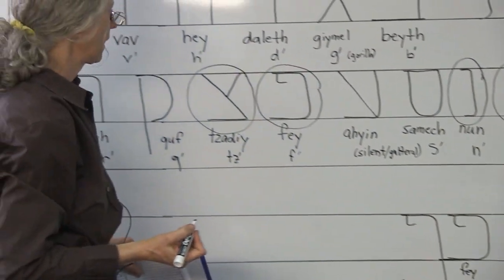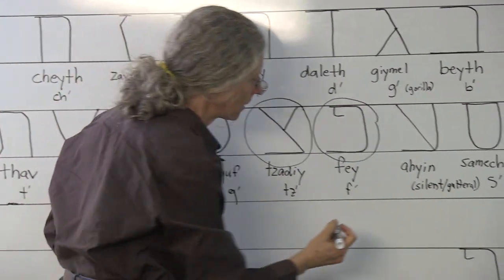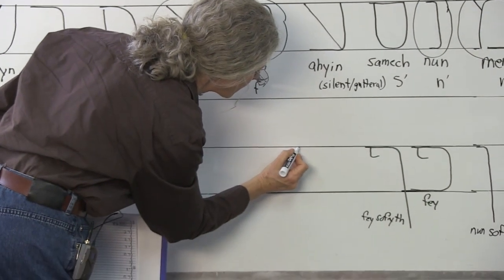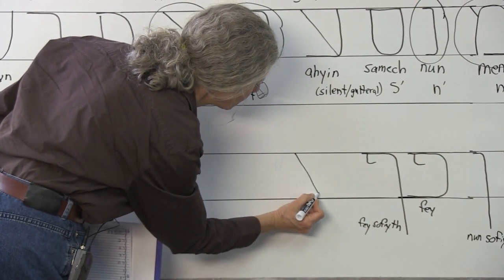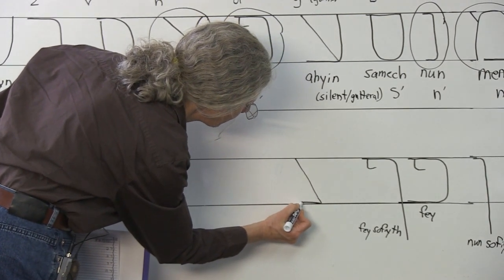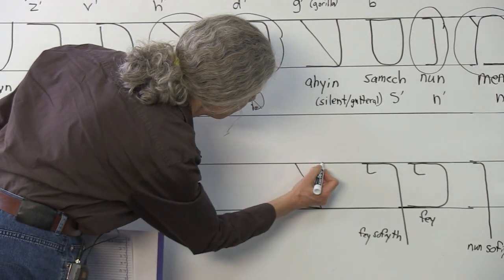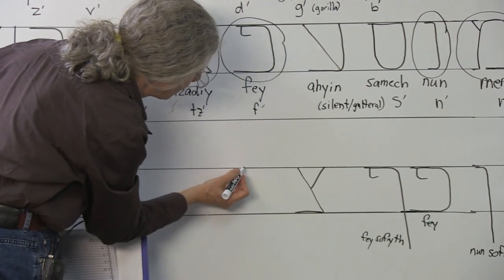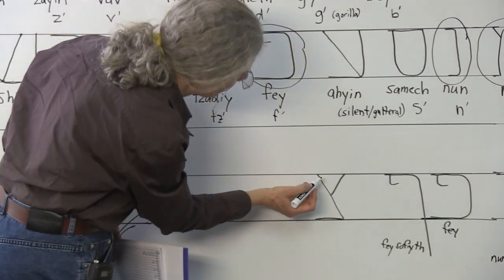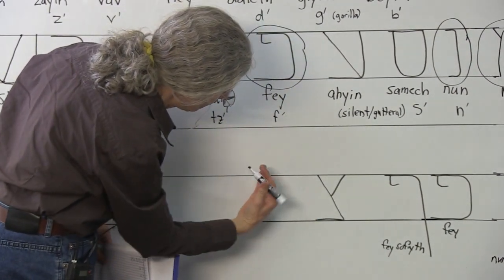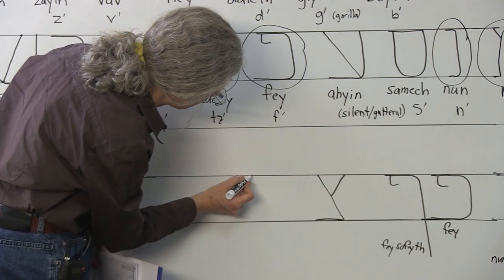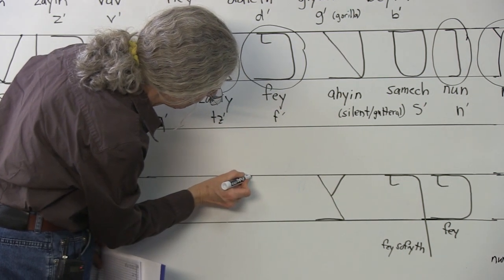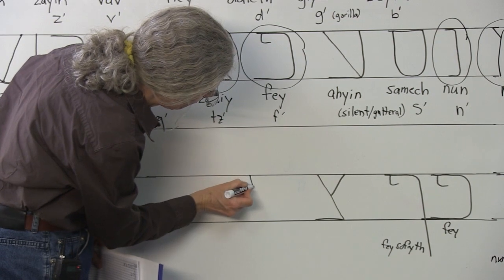Okay. And then Tzadi is the last one. So remember, you make the Tzadi in a diagonal, and then a little spring holding it up, and then make a little Y here. So that's a Tzadi. When you unfold a Tzadi, this diagonal is going to become a lot narrower, a lot more up and down. But it's still going to be a bit of a diagonal. So you start up here, and you go down, down, down.